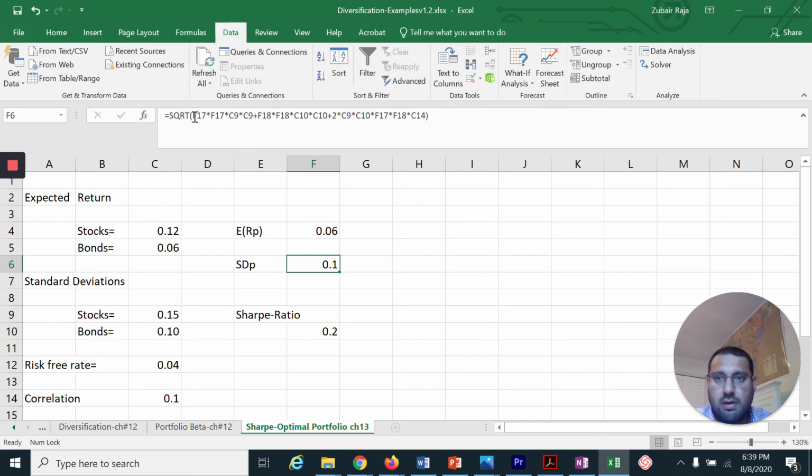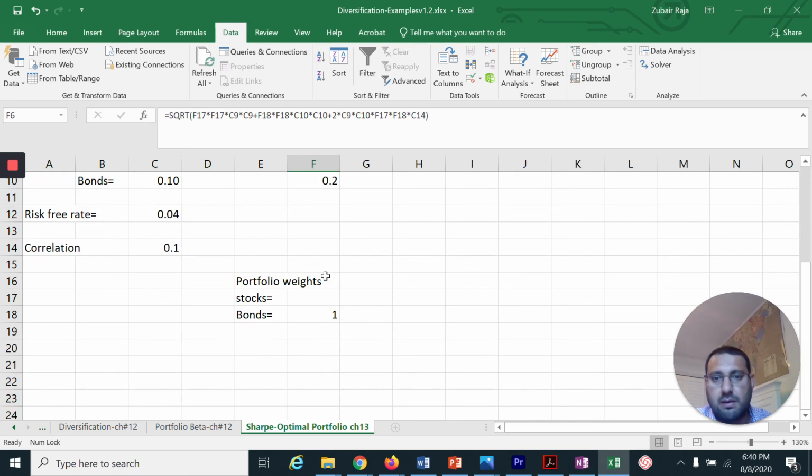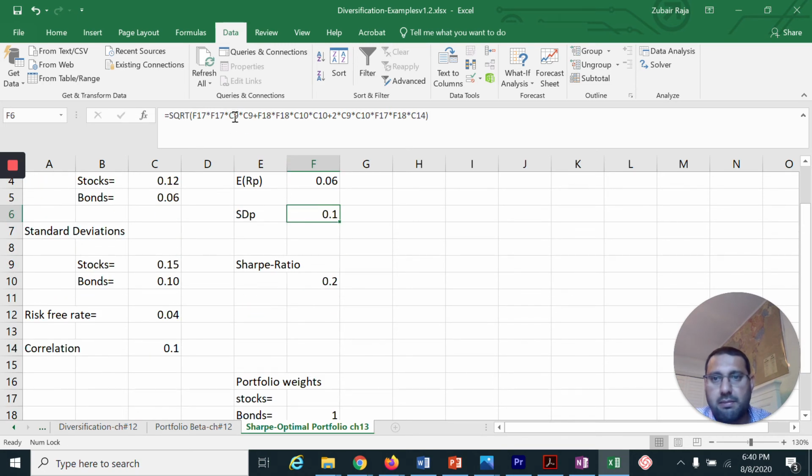So F17 into F17, which is the square of the weight of the stock funds, multiplied by C9, which is the standard deviation of these funds.